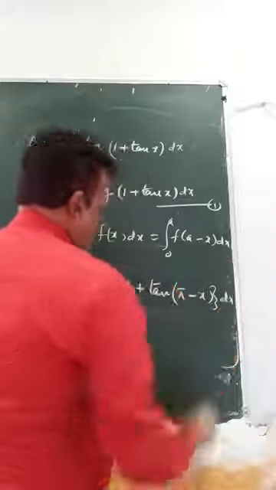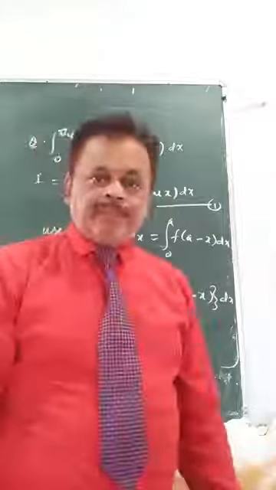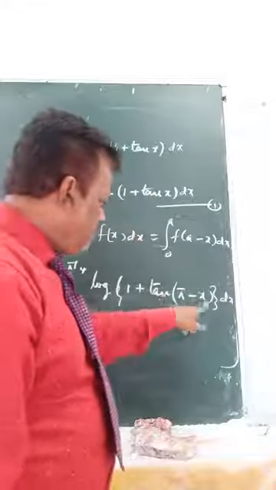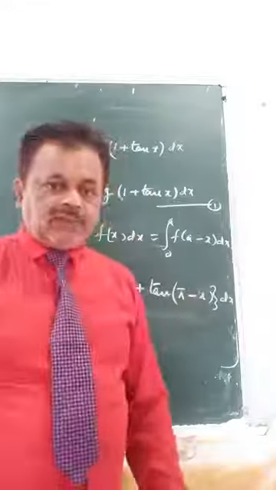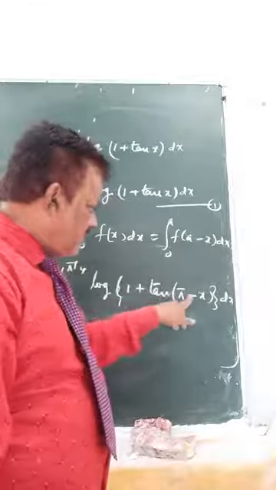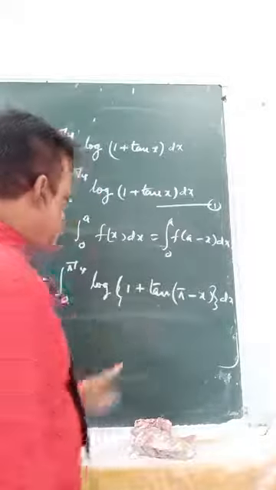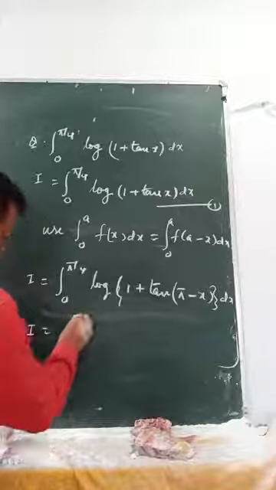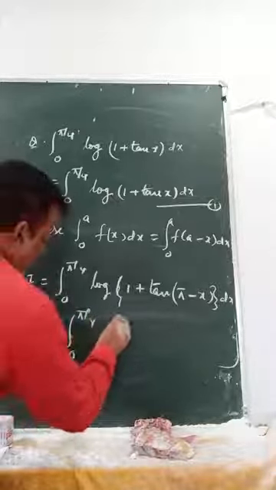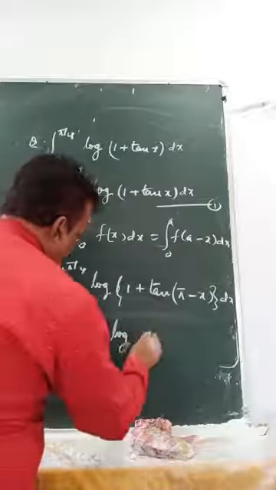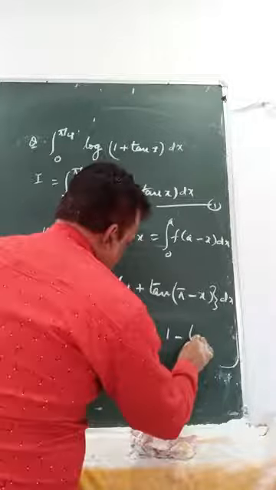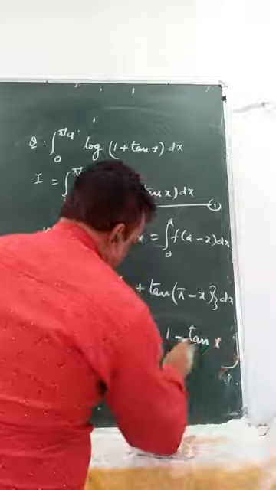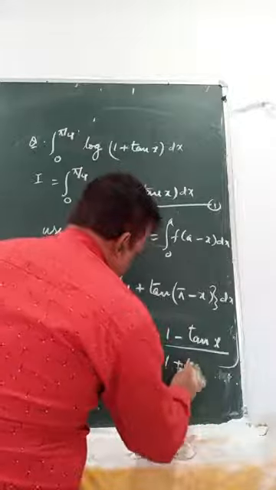Okay, now I am going to tell you one thing. Tan of (pi by 4 minus x), in the inverse circular function, I have told you the formula. It is 1 minus tan x by 1 plus tan x. So I equals to integral 0 to pi by 4 log 1 plus (1 minus tan x) by (1 plus tan x).